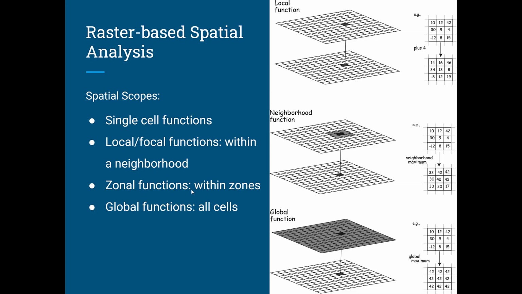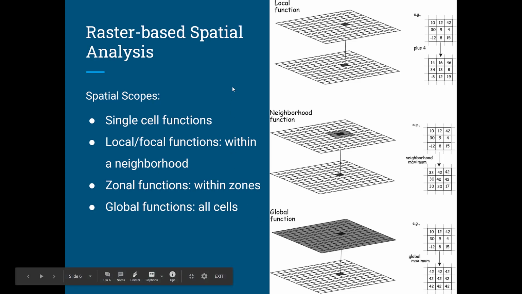It's certain zones like zip code zones or watersheds. And a global function, like the name tells you, takes the entire raster data layer, calculates values within your layer, and assigns a new value to your target pixel.